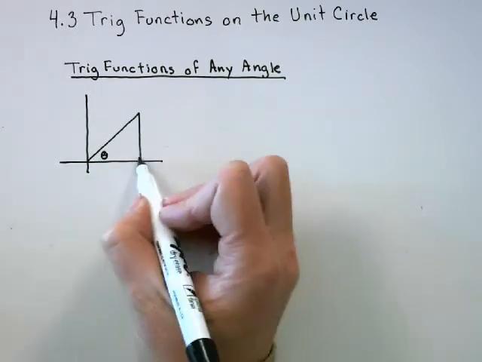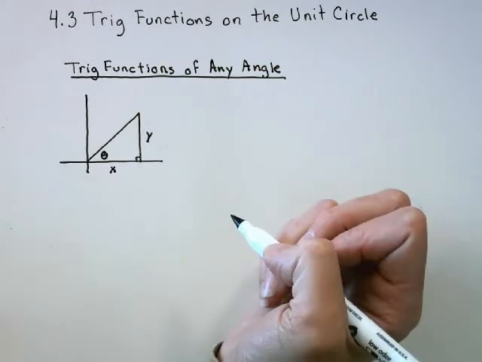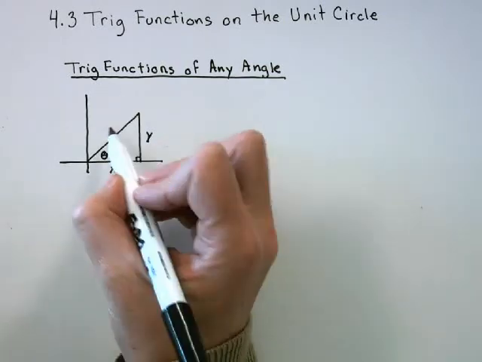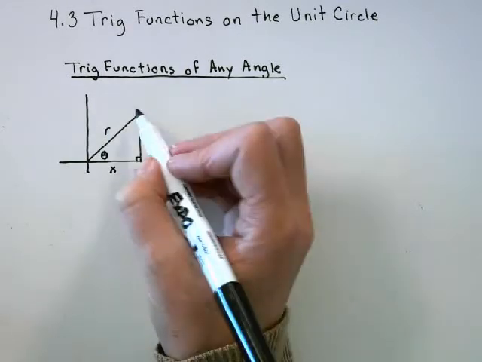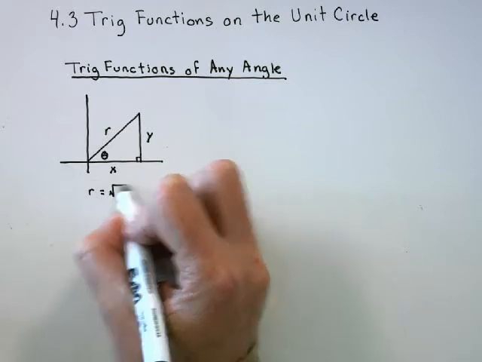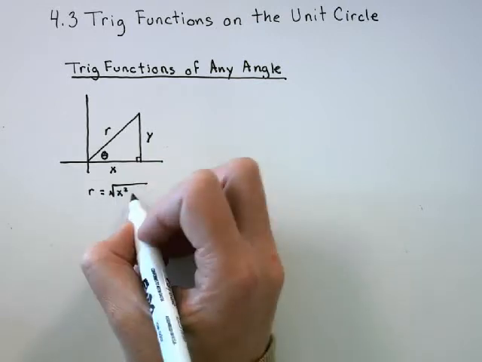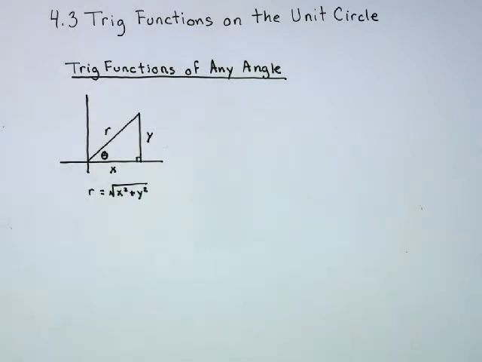Okay, there's going to be my theta. This is x. This is y. We call this distance r. R can be found using the Pythagorean theorem, so x squared plus y squared.